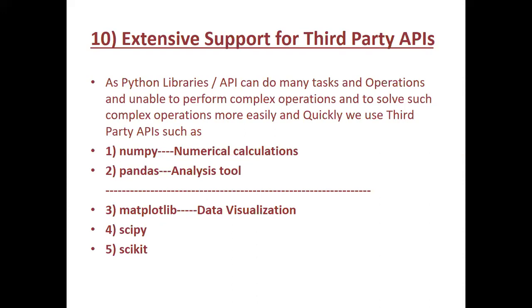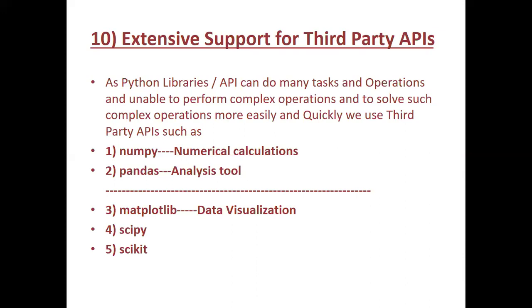Pandas works as an analysis tool, so we need not use an Excel sheet; it provides its own analysis tool. Matplotlib is used for data visualization, then SciPy, Scikit, etc.